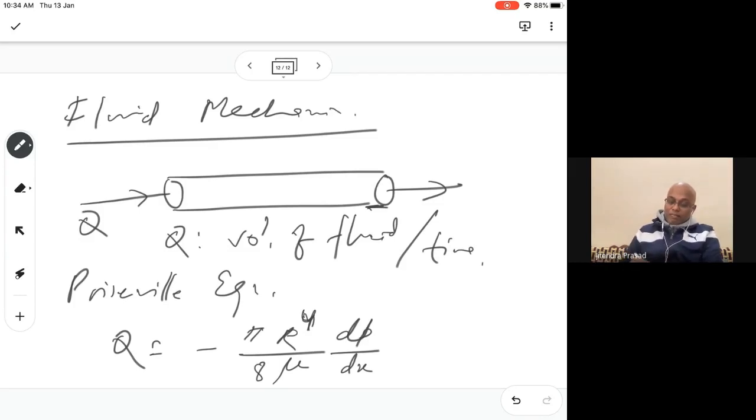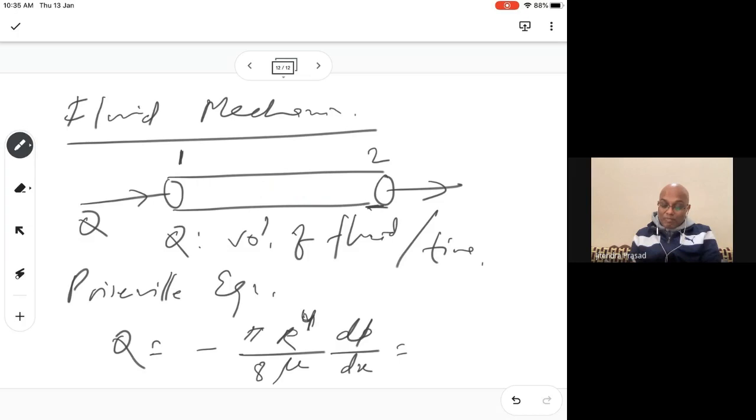Yeah, okay. So the Poiseuille equation tells you how the fluid will flow through a circular pipe, where dP over dx is the pressure gradient, R is the radius of the pipe, and mu is the viscosity. If you have two points 1 and 2, the pressure at point 1 has to be greater than at point 2 so that the flow can be from point 1 to point 2.